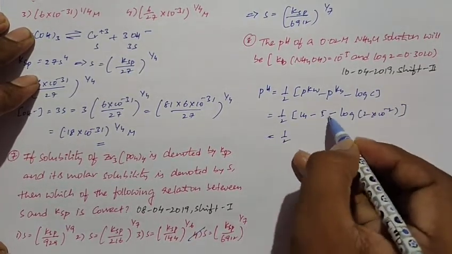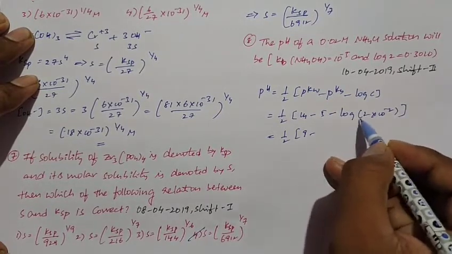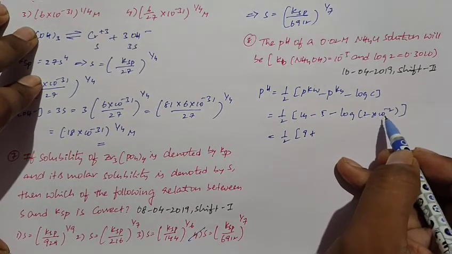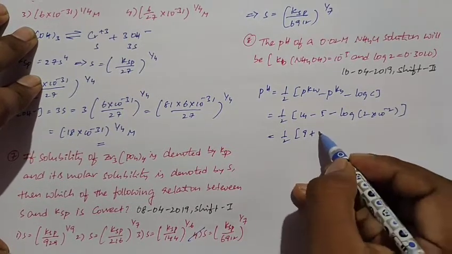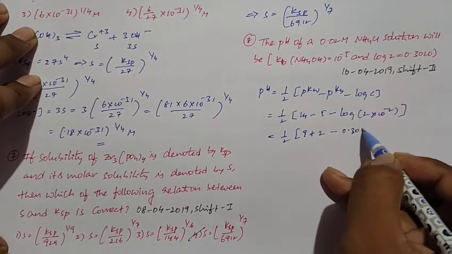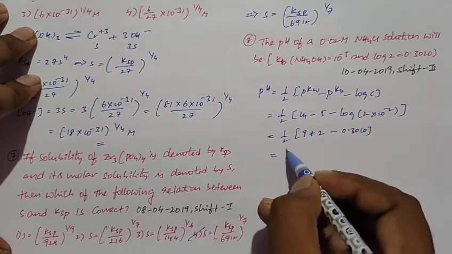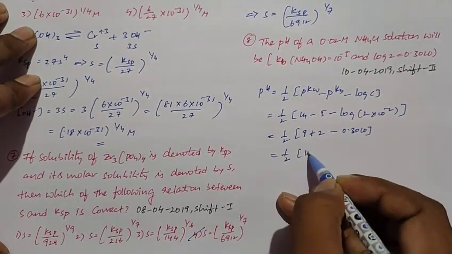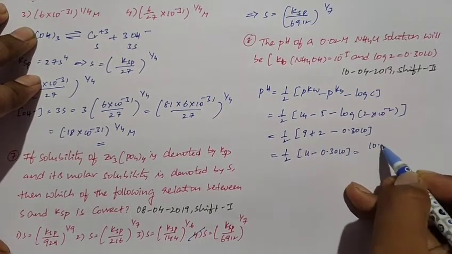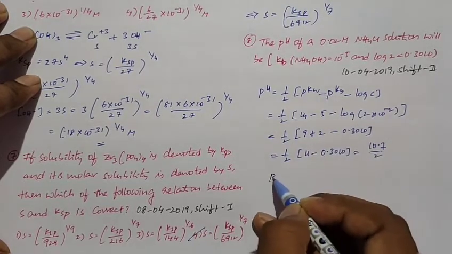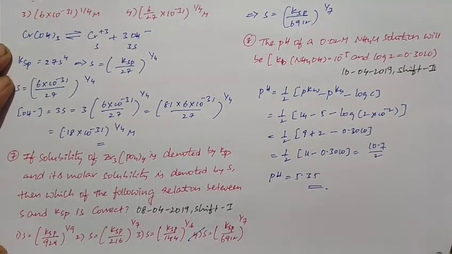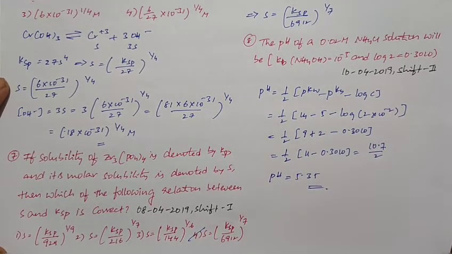After simplification, 14 minus 5 we get 9, minus log of C, which is log 2 plus log 10^-2. So after simplification we get plus 2 minus the log 2 value, 0.3010. Then you get half into (11 minus 0.3010). You get 10.7 by 2. Then pH is equal to 5.35. So this is the pH of 0.02 molar ammonium chloride solution.